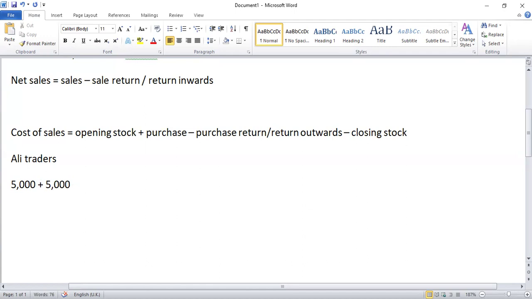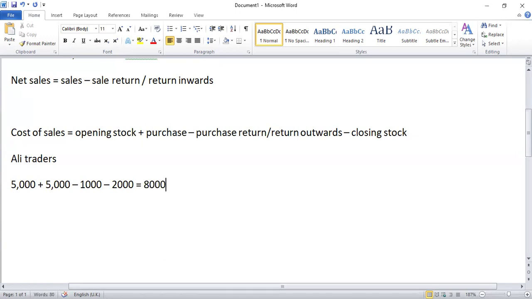Then out of these, maybe one shirt has been returned, which is 1,000. And then you less the closing stock if you had one. So 5 plus 5, 10, minus 1, 9. This will come to 8,000. That's all about the cost of sales.